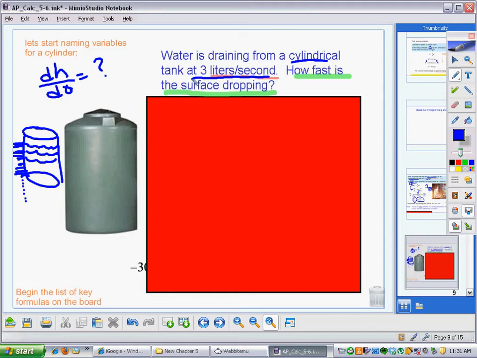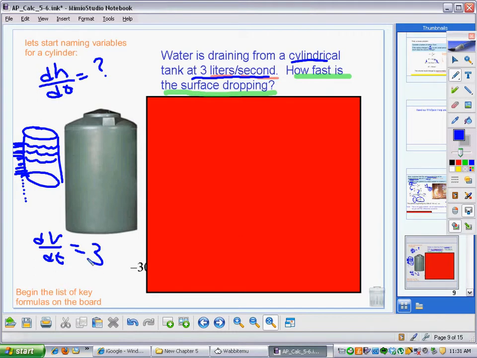What does that represent? The rate. Rate of what? D something. Liters. You have to know something about liters. What's a liter measurement? Volume. So that's a dV/dt. Your units are going to be very essential here. dV/dt equals 3.